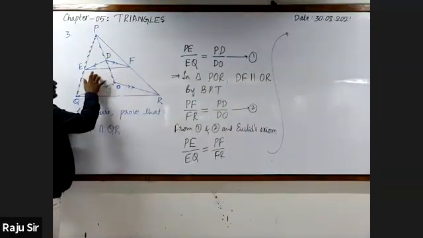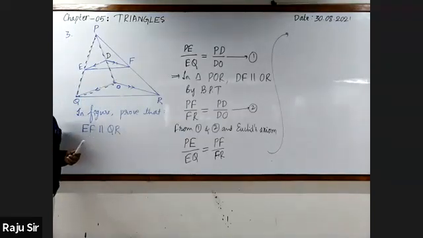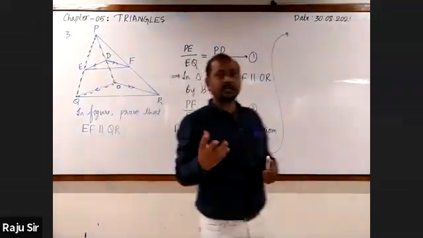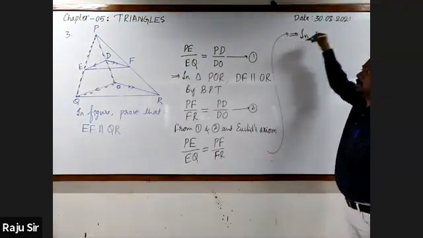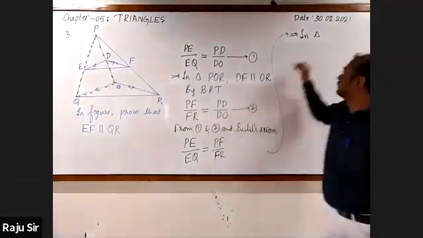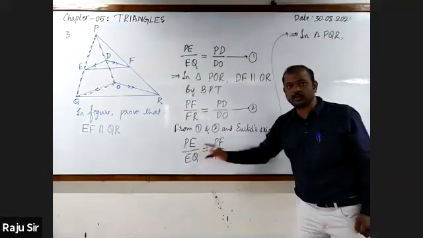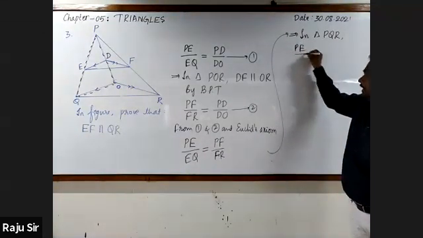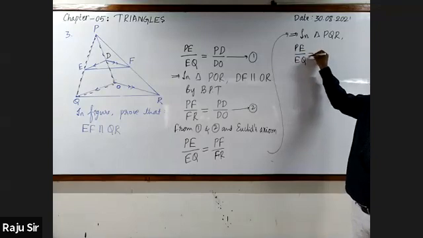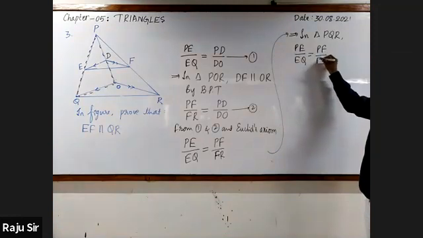Next, EF will be parallel to QR. Reason? By converse of BPT. In the whole triangle PQR, just we have proved a statement. Let me write that. In triangle PQR, PE by EQ is equal to PF by FR.